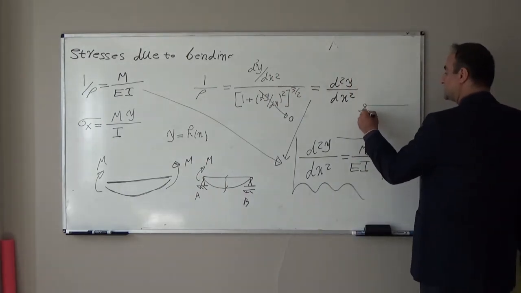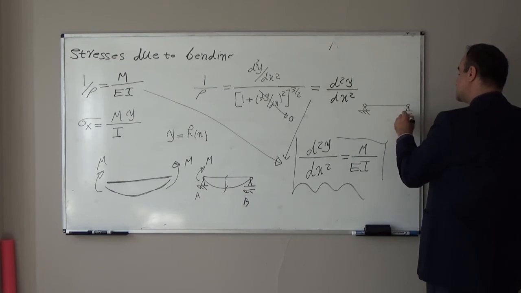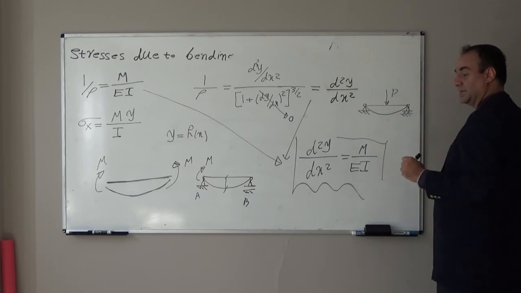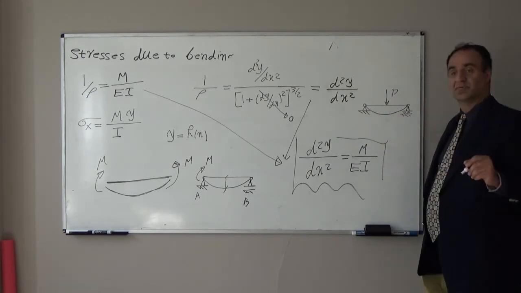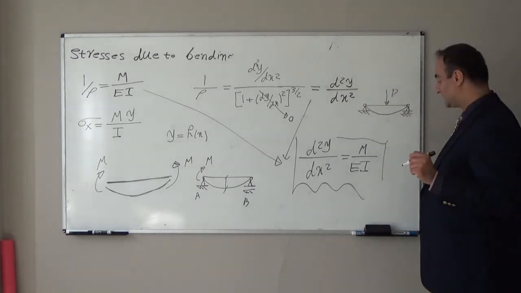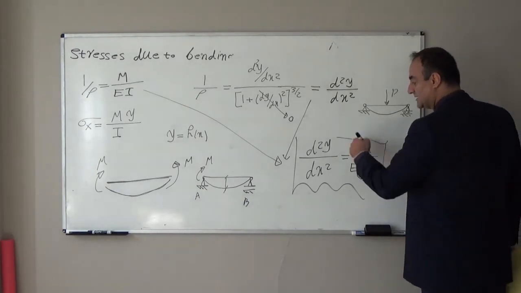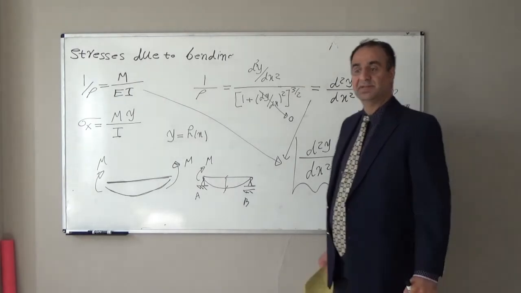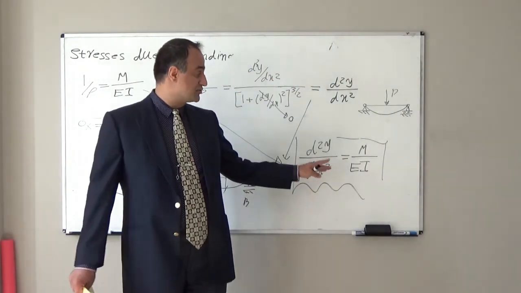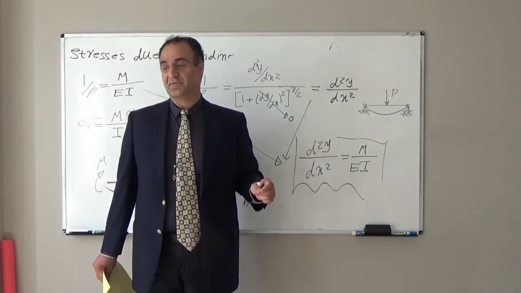Or we have a simply supported beam subjected to concentrated load at middle. It will deform. If we want to find maximum deflection or sagging of the beam, how will we find it? We will find it using this formula. I will explain that later on. I will solve an example, but this is very important.